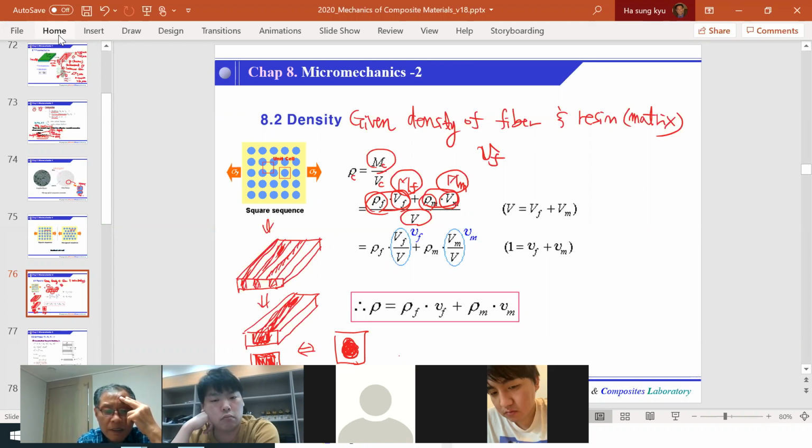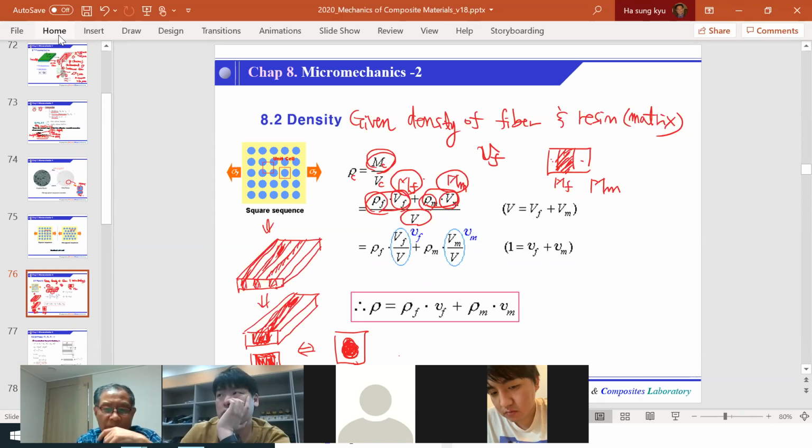In this case, this is a simple one, a simple cross section like that. The total mass will be the mass of the fiber plus the mass of the resin matrix, simply the summation of the fiber and matrix.